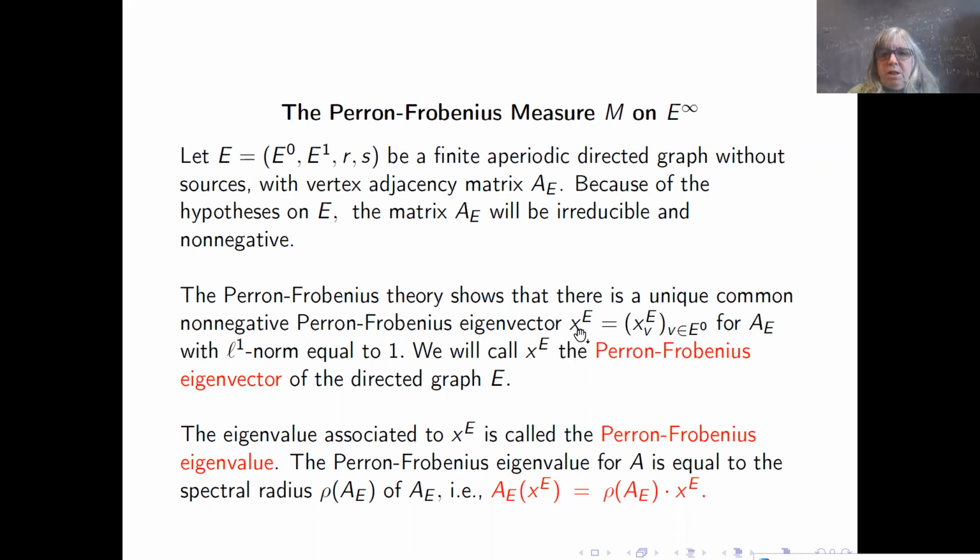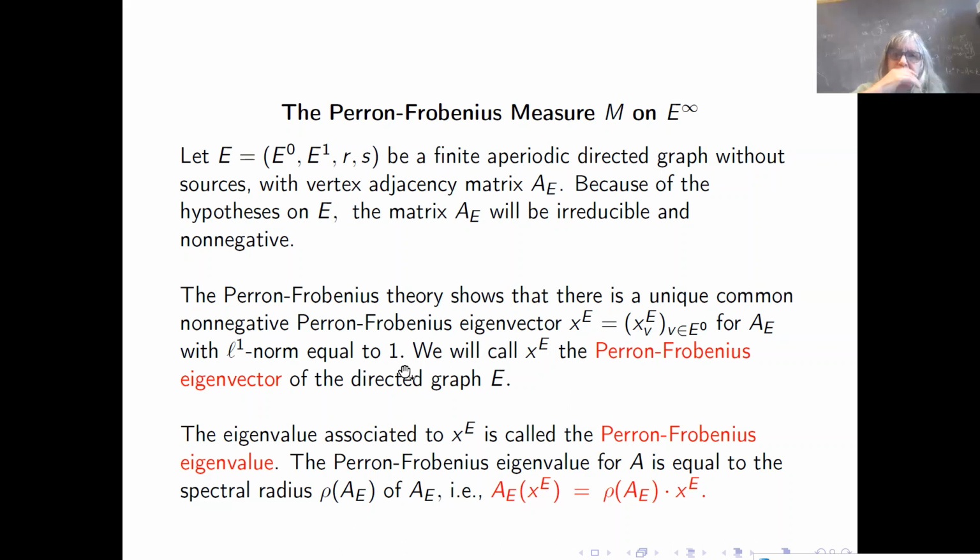But the Perron-Frobenius eigenvector is an eigenvector for A_E, and the entries are indexed by the vertices. All these x_E entries are positive, and we normalize our vector so that the sum of all these vector entries is equal to 1.